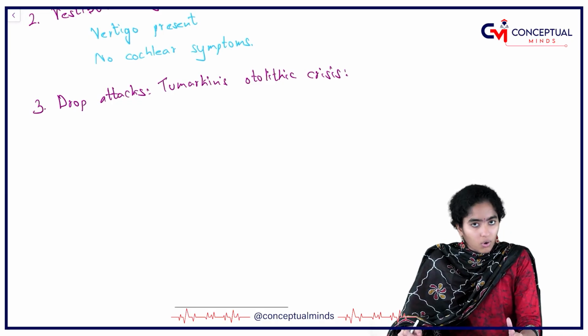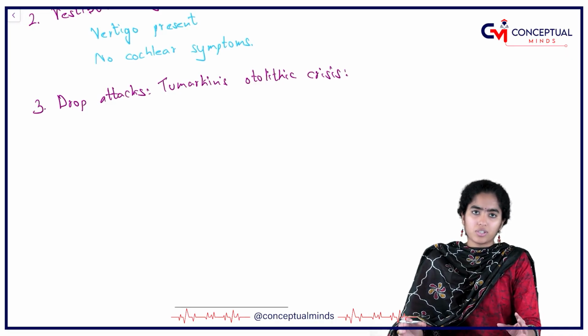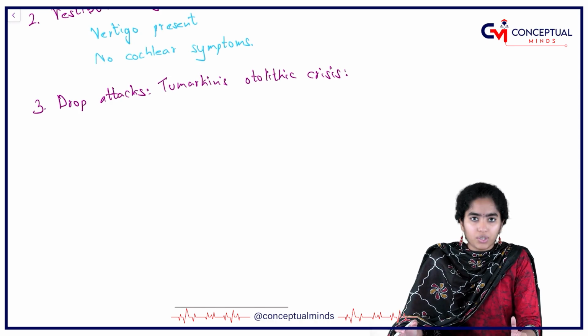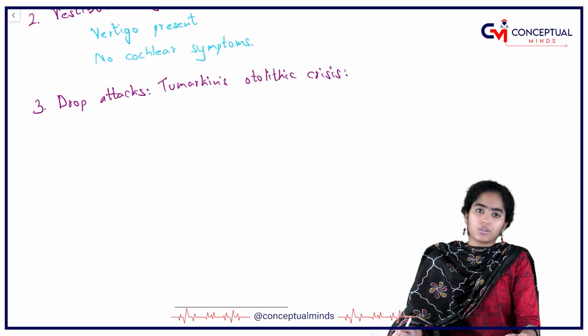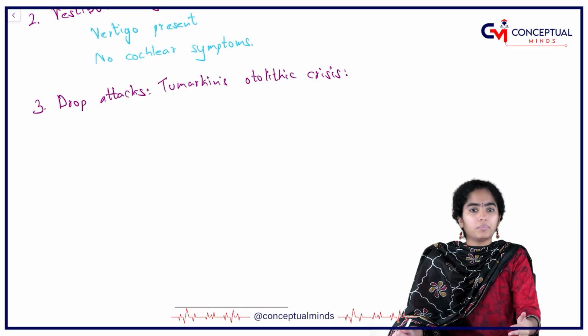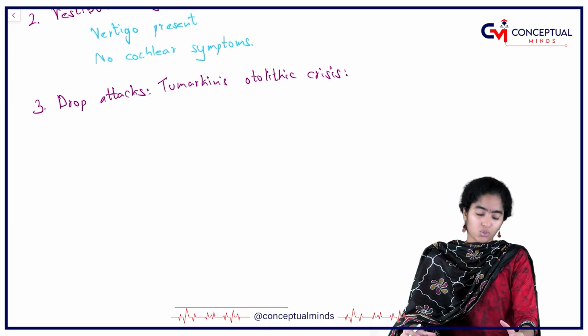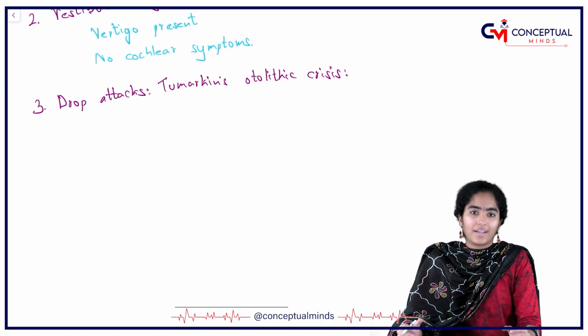There is no vertigo, there is no fluctuating hearing loss, there is no tinnitus, nothing. Until then the patient is absolutely normal, and suddenly the patient falls to the ground as if somebody has pushed or thrown him down, and he is fully conscious when this is happening. So this is called a drop attack.